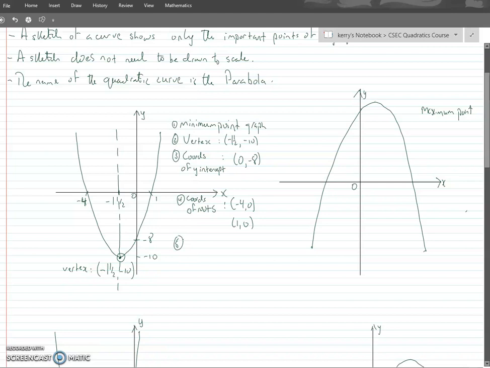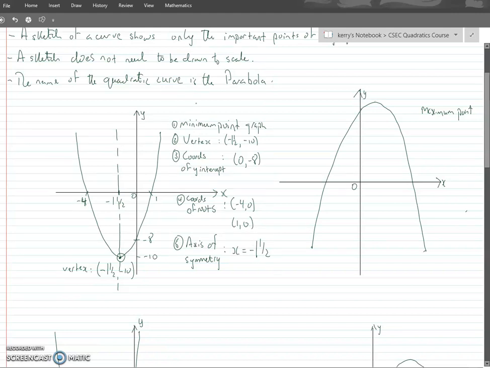This is what we call the axis. Axis just means essentially line, right? The axis of symmetry. You notice this line passes through the x-axis at -1.5. So the equation of the axis of symmetry is x is equal to -1.5, and that's it. That's all you have to do there.